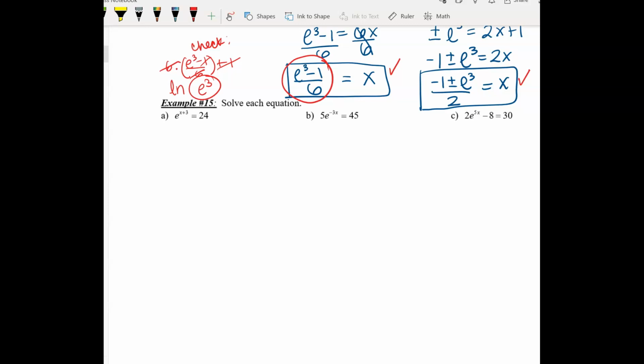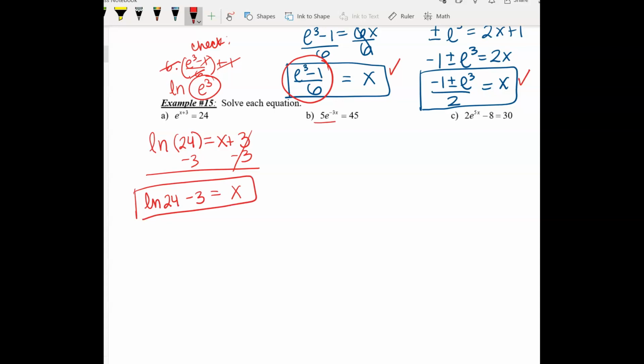In example 15 part A, it's already been isolated and it's ready to rewrite. So it would be log base e, which we call the natural log, of 24 equals x plus 3. And then to isolate x, we would subtract 3 from both sides. And we would get that x is equal to the natural log of 24 minus 3.